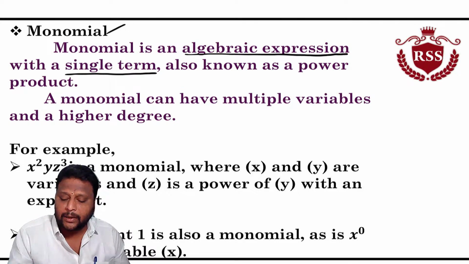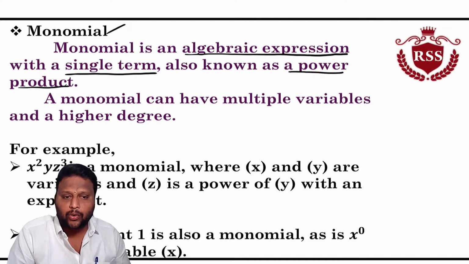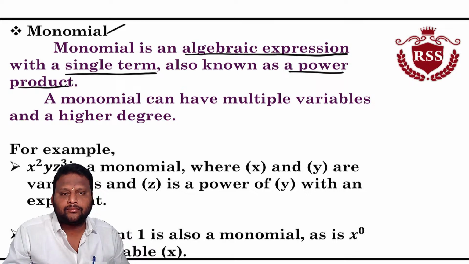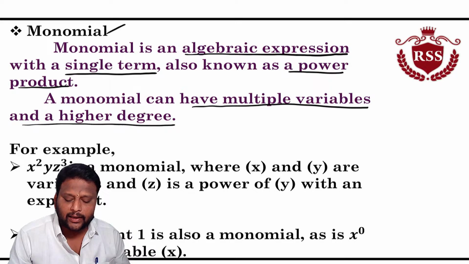I will explain this power product in the example, but you have to remember what a monomial is. Monomial is an algebraic expression with a single term. A monomial can have multiple variables and higher degree.